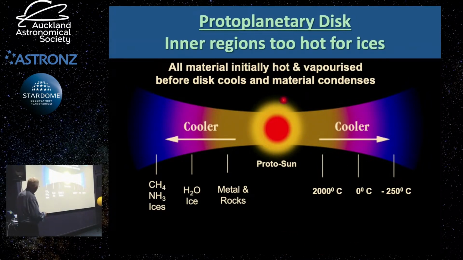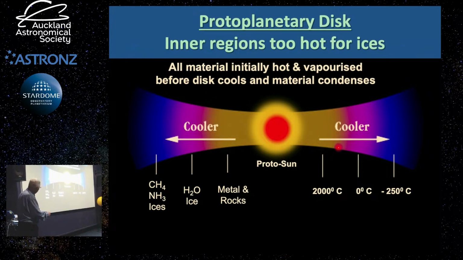And here's this temperature gradient. When things start condensing out, close in here it's about 2,000 degrees. The only things that can condense out here are the materials that make up your metals and your rocks, because it's just so hot.